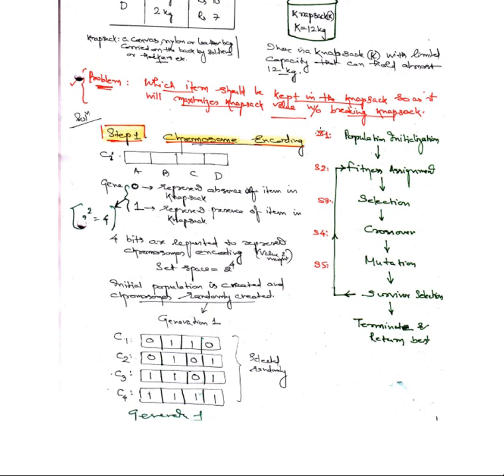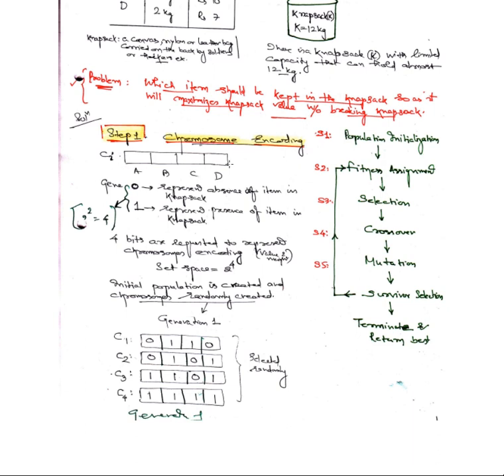Now you know the stages: initialization of population, fitness assignment, then crossover, mutation, survivor selection, and termination. This is how our stages are shown. We will start with the steps. In step 1, we are selecting the population, that is population initialization.